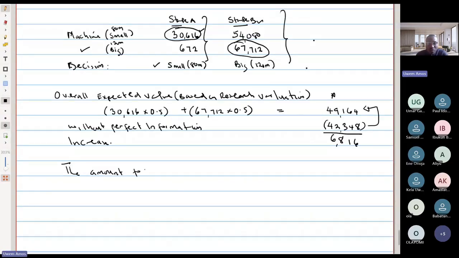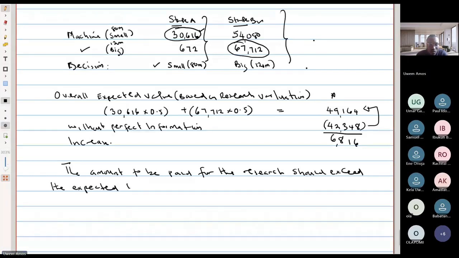The amount to be paid for the research should not exceed the expected benefit of 6,816. Okay, so that would be our solution, because we're able to compare what the benefit would be with research versus what the benefit would be without research, and then we can make that decision.